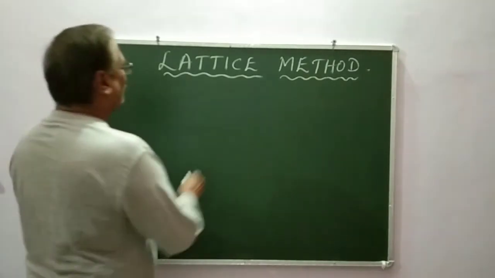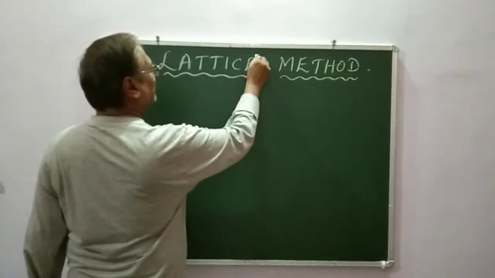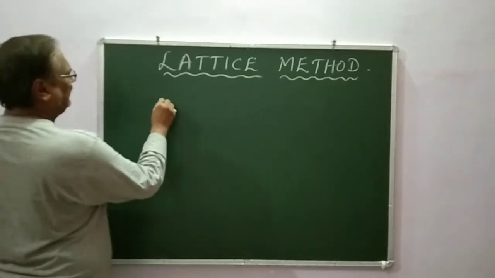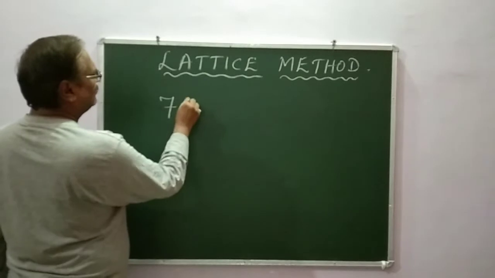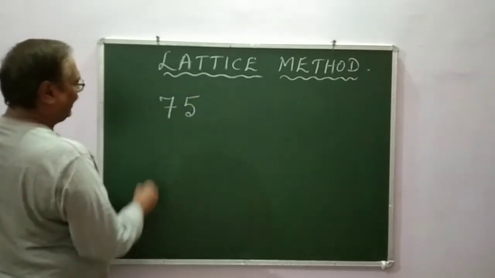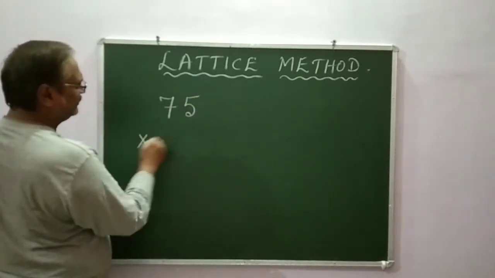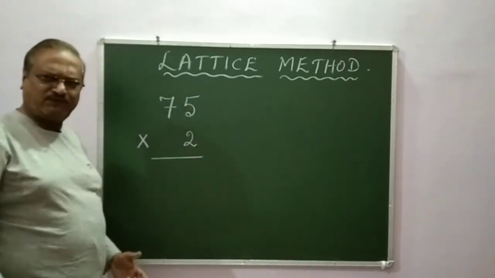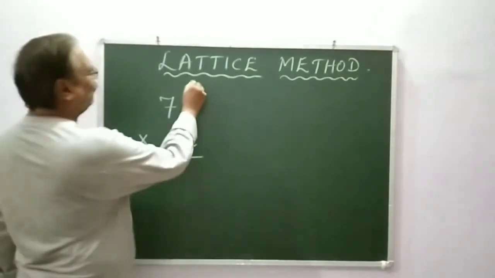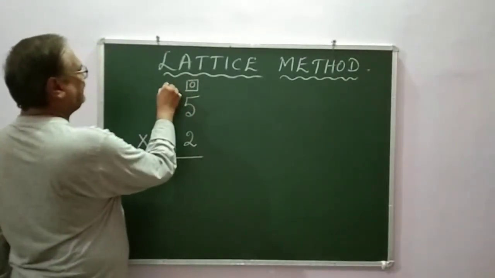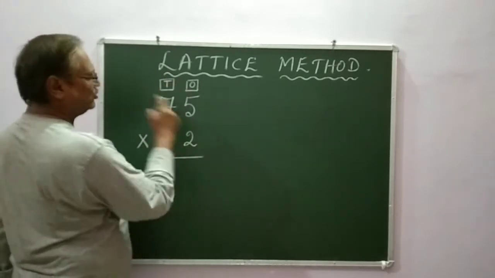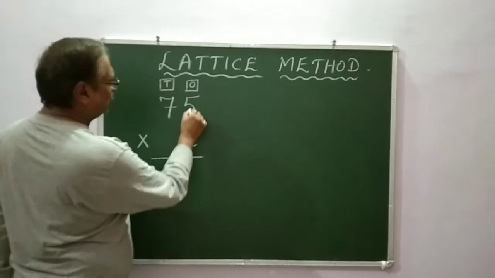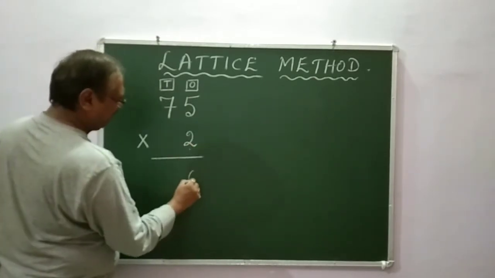What is this called? Lattice method. Let me multiply a 2-digit number, 75, with 2. Very easy, we know that. Take the ones place and tens place. 2 5s are 10.